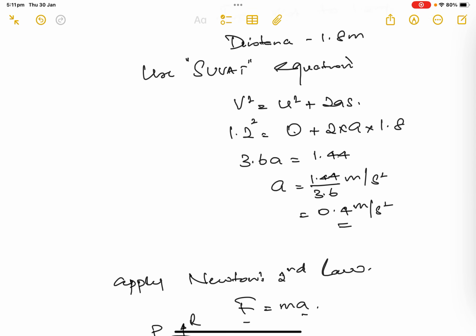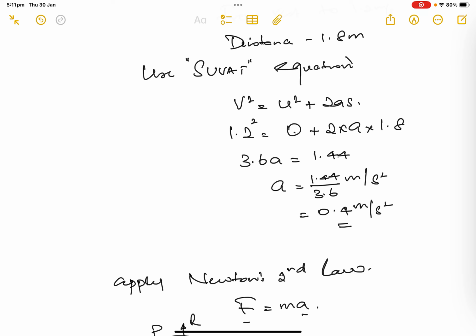So 3.6a equals 1.44, and a equals 1.44 divided by 3.6, which is 0.4. So the acceleration is 0.4 meter per second squared.